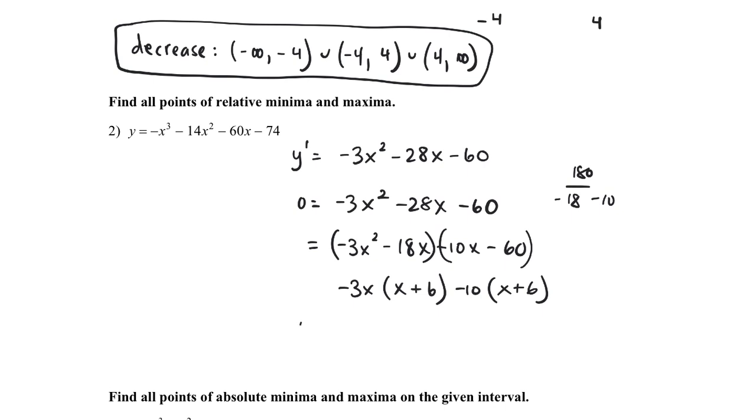So the factors are x plus 6 and negative 3x minus 10. So the two critical numbers are x equals negative 6 and x equals negative 10/3.